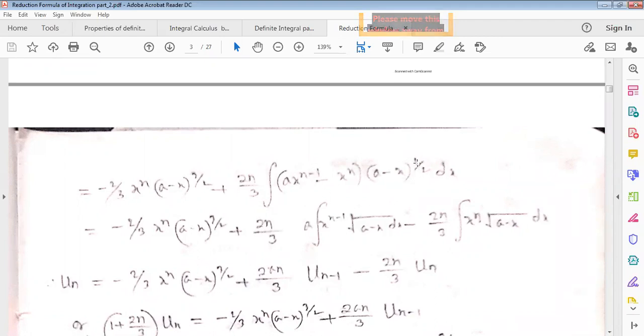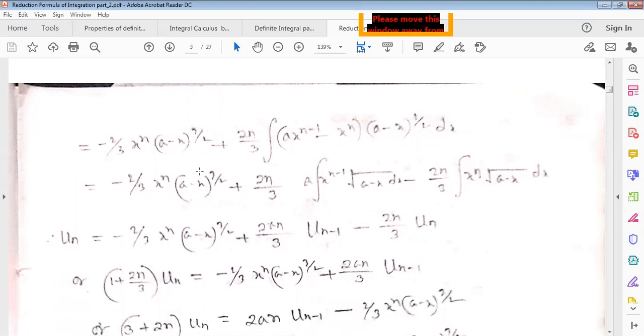Yes, this means power half means square root a minus x, multiplying x to the power n, multiply this also. That means after multiplication this will give the first term, and x to the power n multiplied by this is the second term.